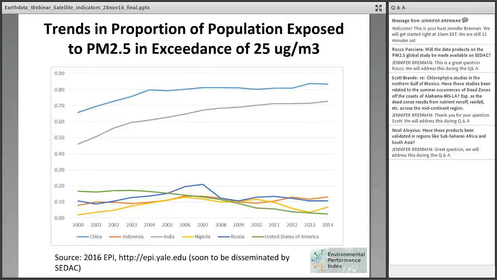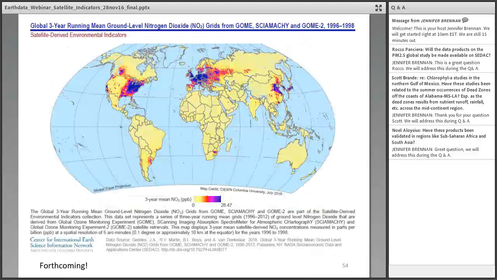This is the trend in the proportion of the population exposed to the worst particulate matter concentrations of 25 micrograms per cubic meter and above. And again, China and India see an increase in the populations exposed. The NO2 grids, which are about to be released soon, this is a picture for 1996 through 1998.